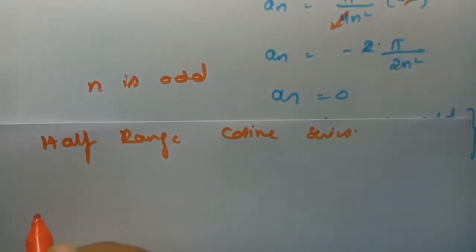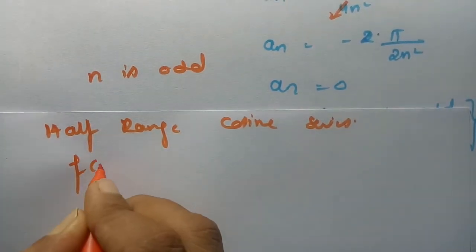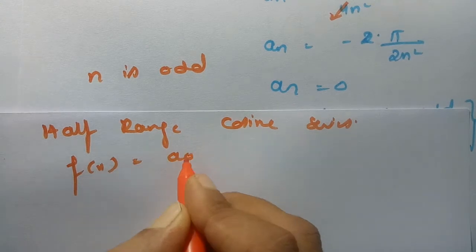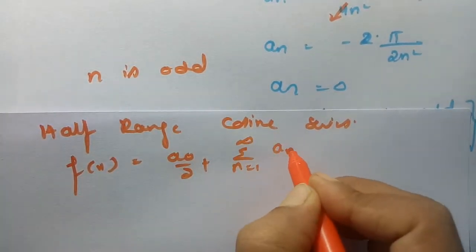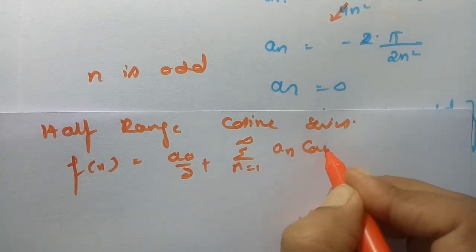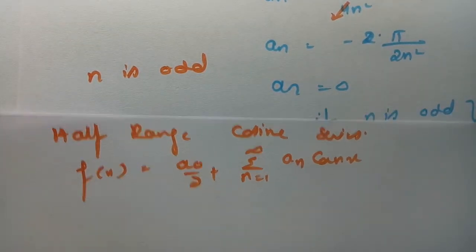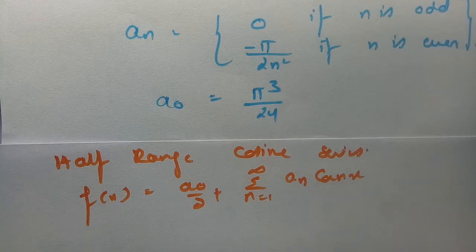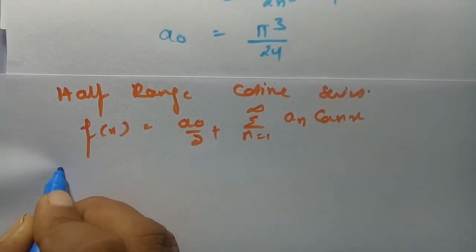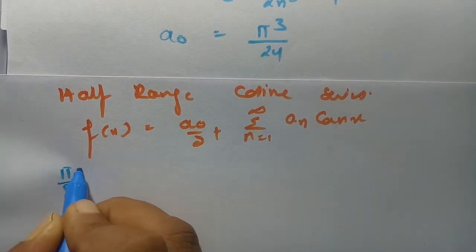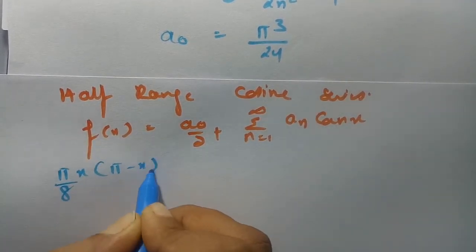So for the half range cosine series, if I substitute, f of x value will be a naught by 2 plus sigma n is equal to 1 to infinity an cos nx. So what is our f of x value? f of x is pi by 8 times of x into pi minus x.